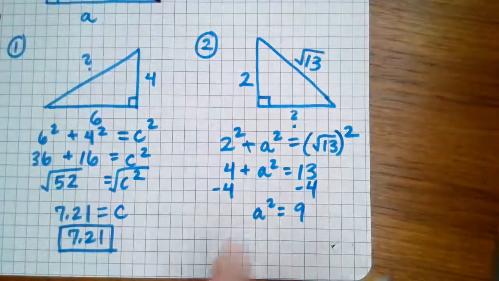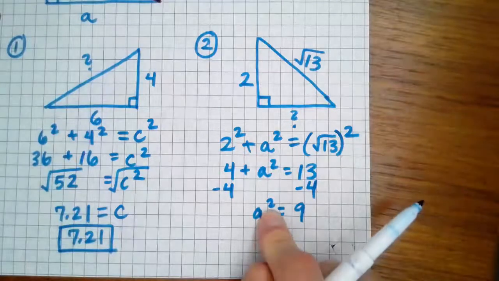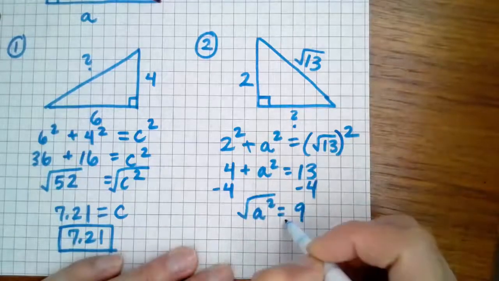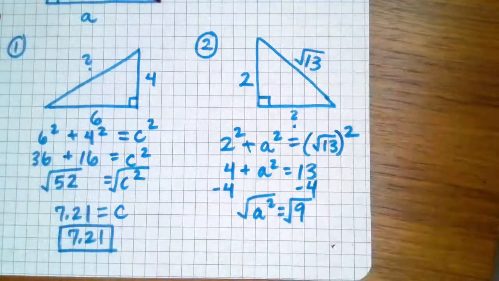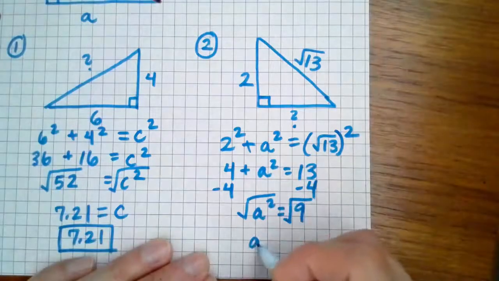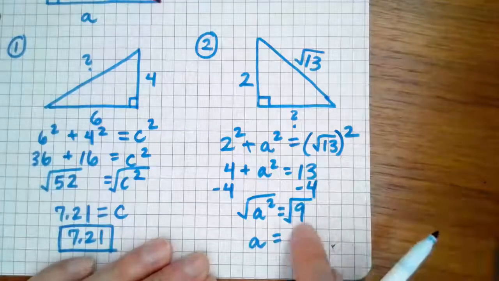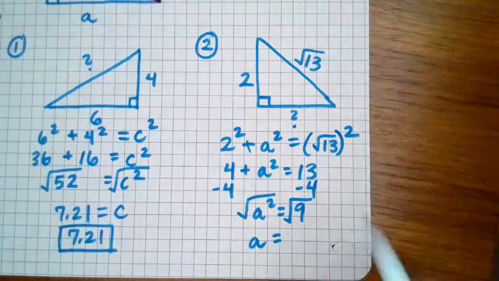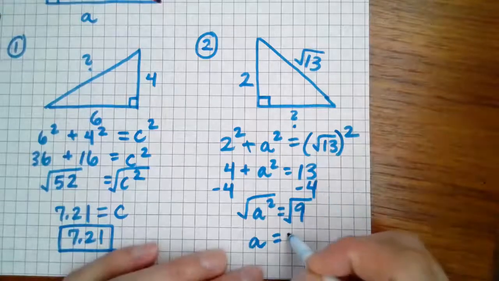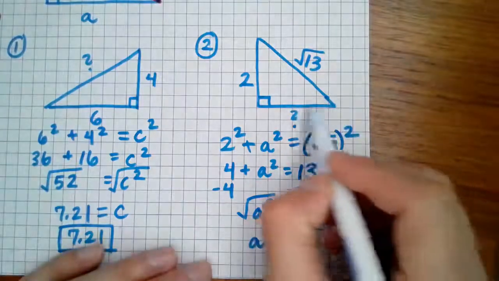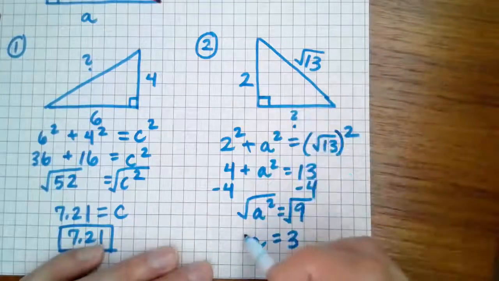I want to get a all by itself, but right now it's being squared. So to undo this squaring, I'm going to take the square root of both sides. A squared, square root of that, I'm just left with a is equal to the square root of 9. What number squared equals 9? What number times itself equals 9? 3. So the missing side length here of this leg is 3.